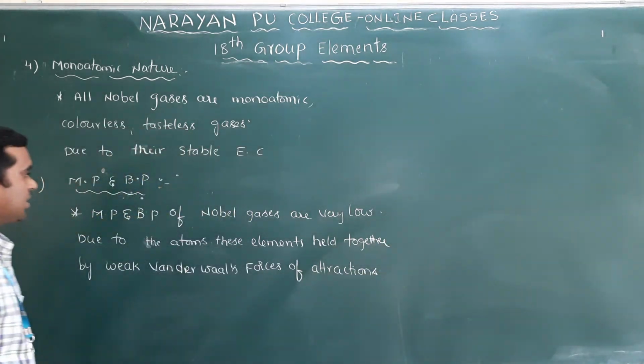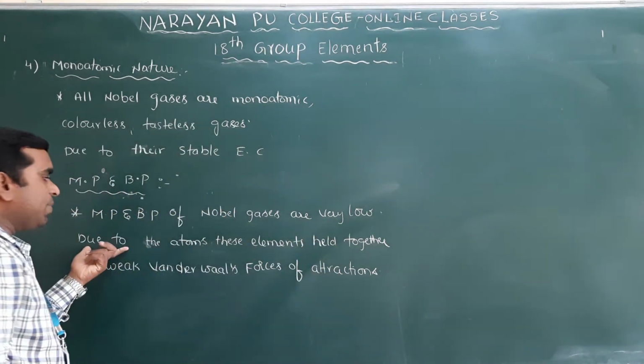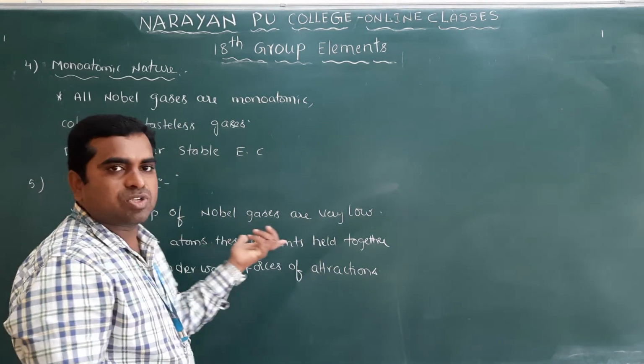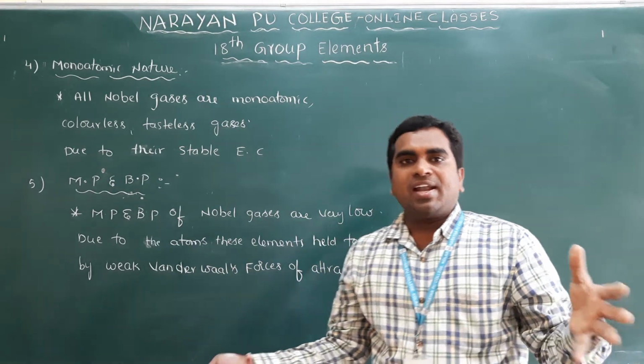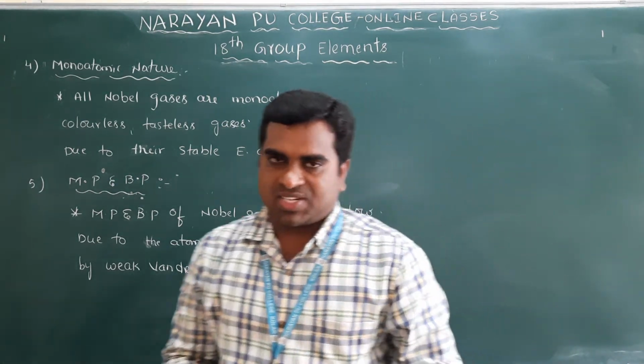This is the main reason. So the melting and boiling points of noble gases are very low because these atoms are held together by very weak van der Waals forces of attraction. Clear?